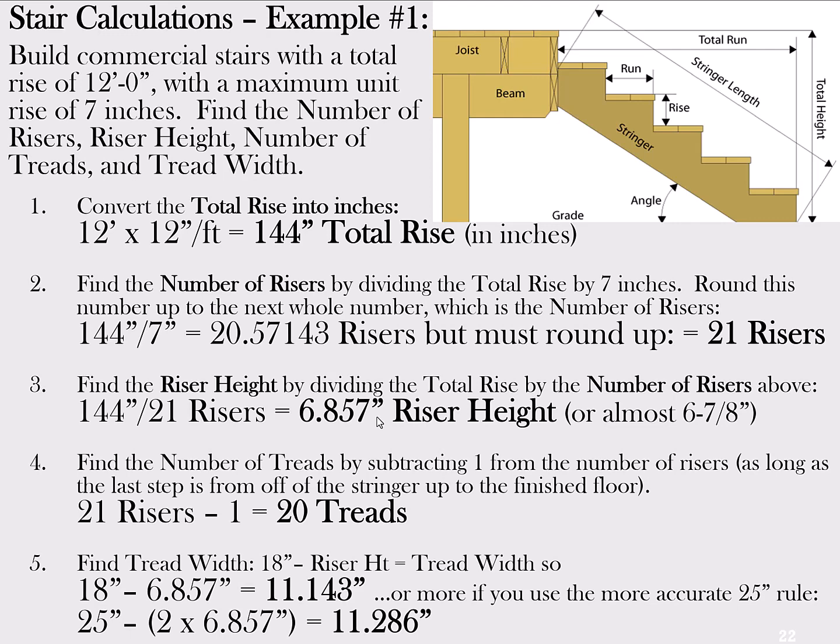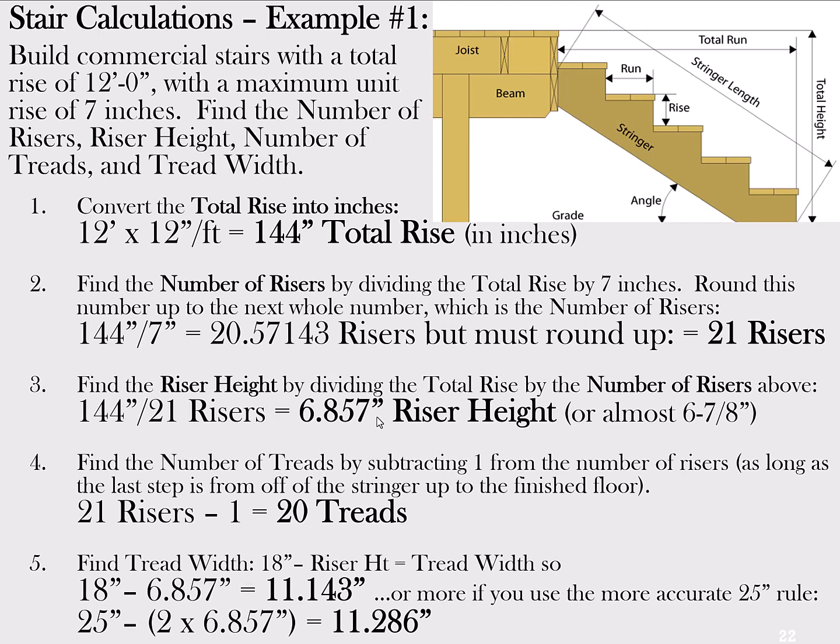So that's as far as we're really going on this test. But step 5, just so you know, you can find the tread width by just taking 18 inches minus the riser height. So you can take 18 inches minus that 6.857 inch number that we just calculated in step 3, and we ended up with 11.143.